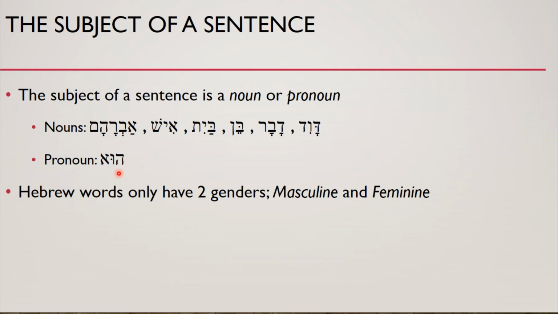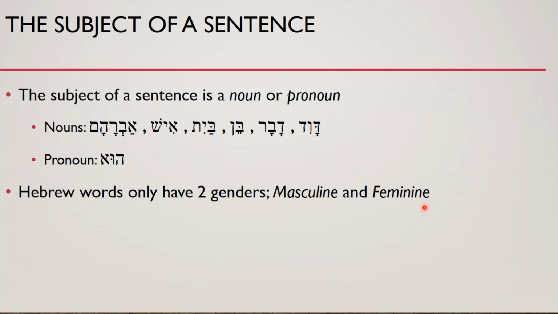We don't categorize our words between masculine, feminine, or neuter. Like in Greek, words are either masculine, feminine, or neuter. And it's how they're written. In Spanish, it's masculine or feminine. Hebrew is similar to Spanish in that way, in that words are either masculine or feminine.